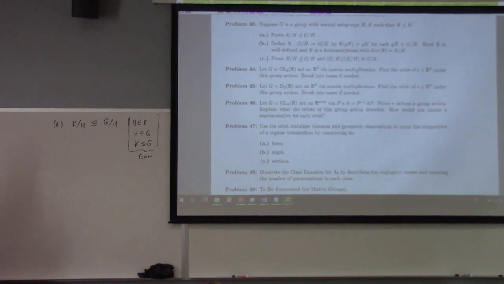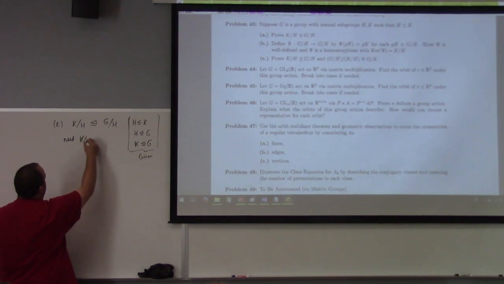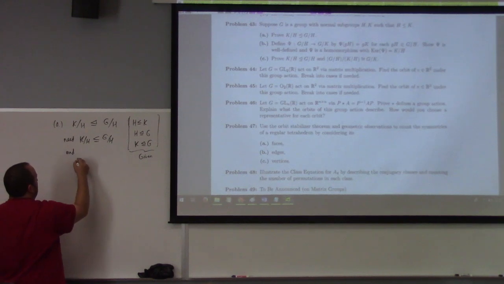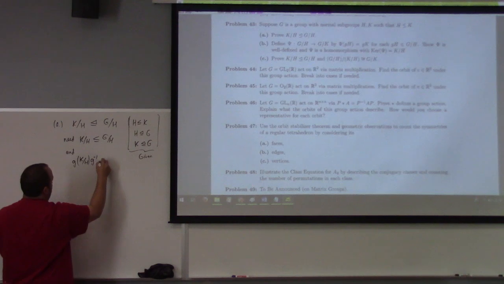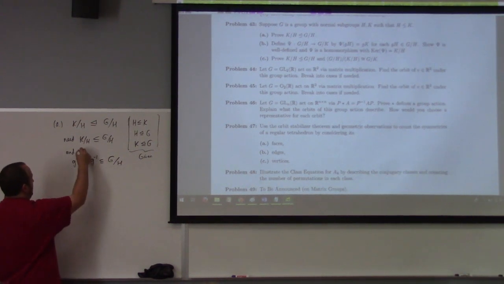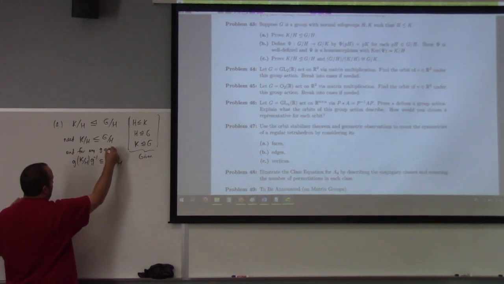So to show that K mod H is a normal subgroup of G mod H, we need a few different things, right? We need that K mod H is a subgroup of G mod H, right? And we also need that G, K mod H, G inverse is a subset of G mod H, right? And this would be for any G in G mod H.